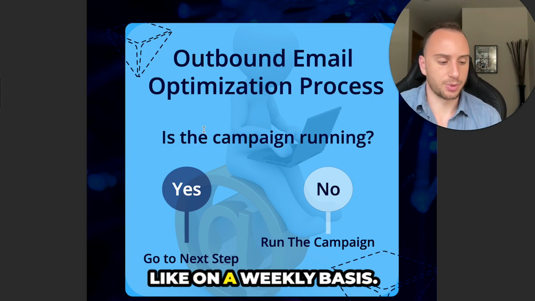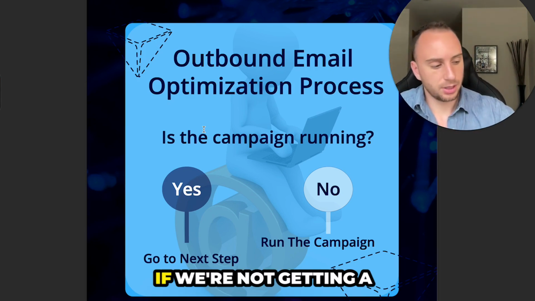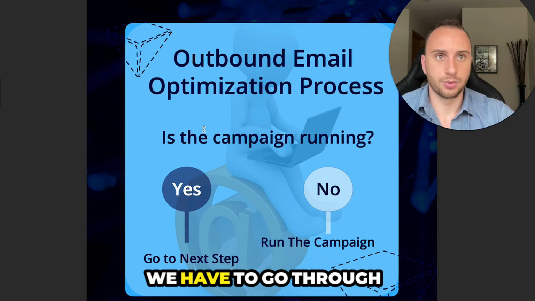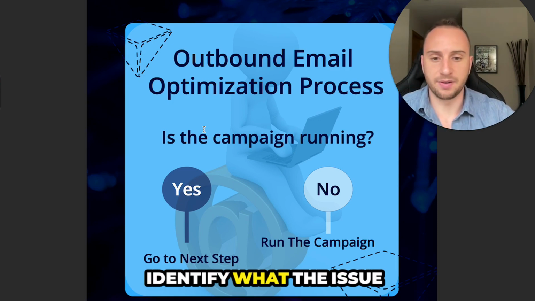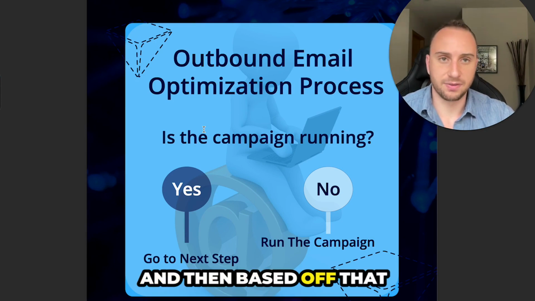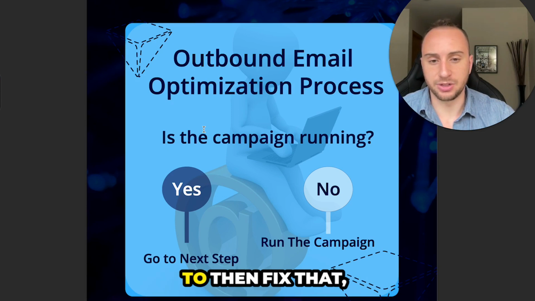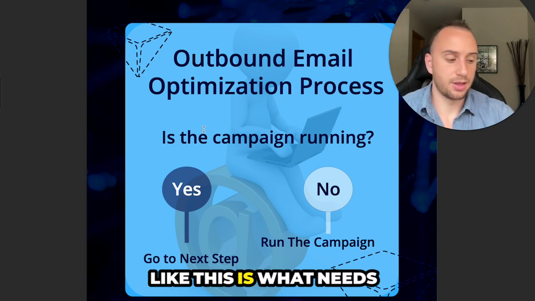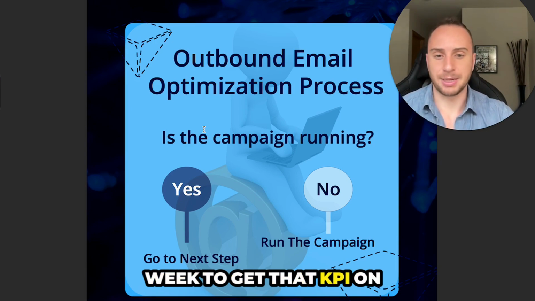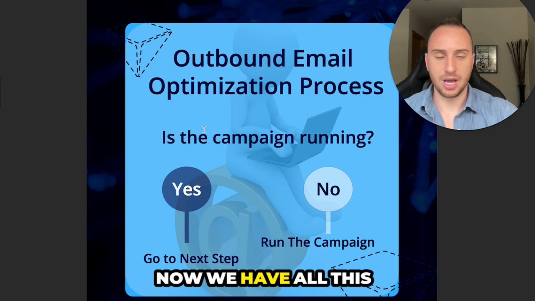On a weekly basis, if we're not getting a 0.5 to 1% conversion rate, we go through this entire SOP to identify what the issue is. Then based off that, there's a solution SOP to fix it: this is what needs to be done or put in place for the following week to get that KPI on track.